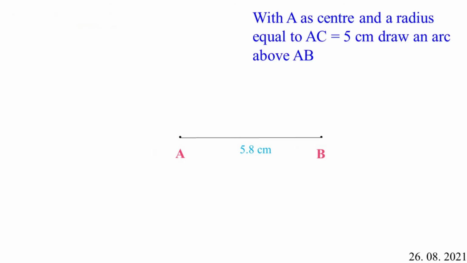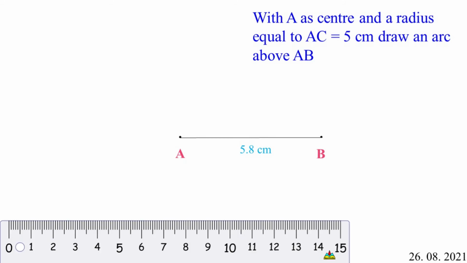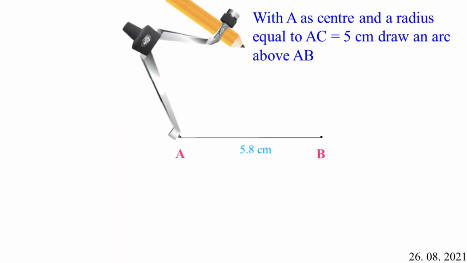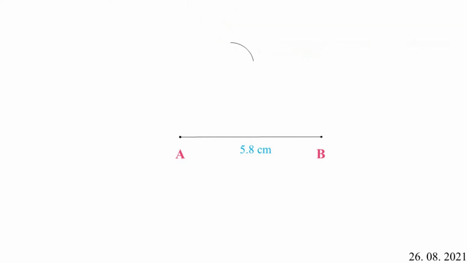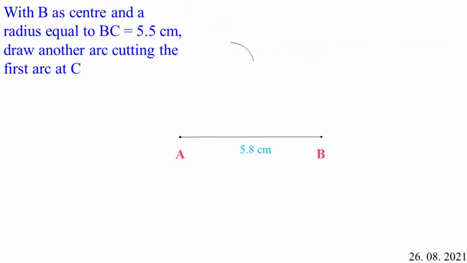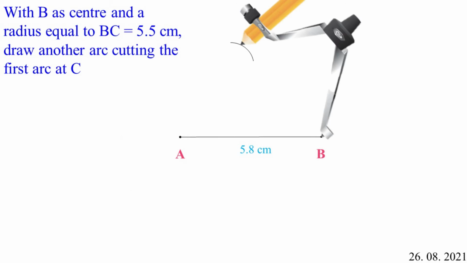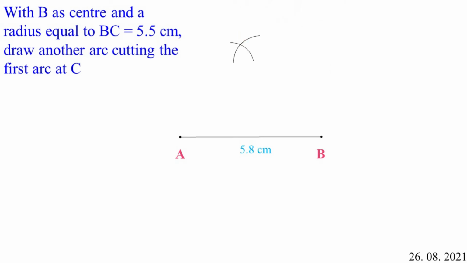Second step, draw diagonal AC equal 5 cm. Using a ruler and compass, take a 5 cm radius with A as center, draw an arc above the segment AB. Next step, now we draw the line segment BC equal 5.5 cm. Again using ruler and compass, take a 5.5 cm radius with B as center, draw another arc above the segment AB cutting the previous arc.